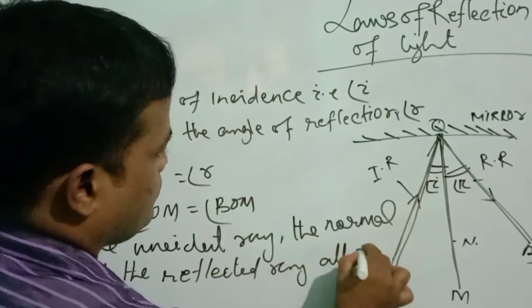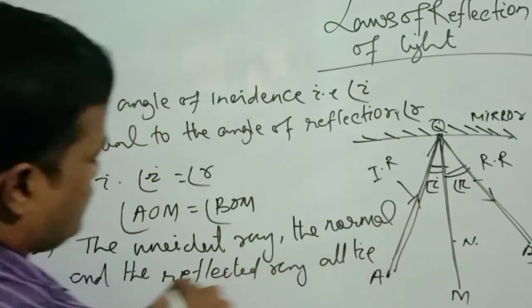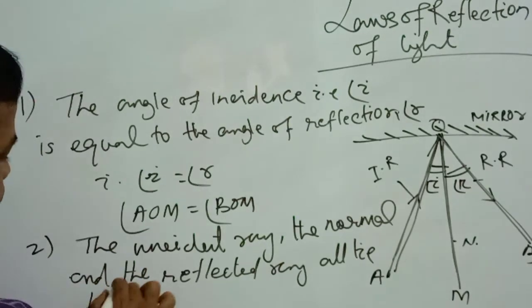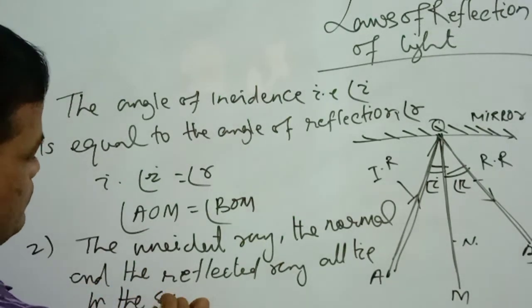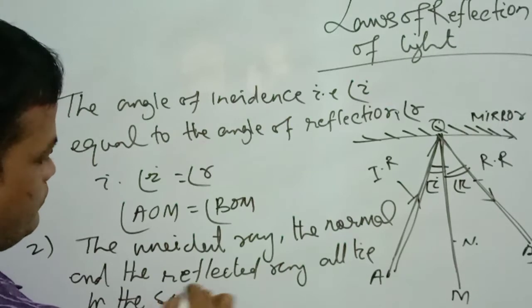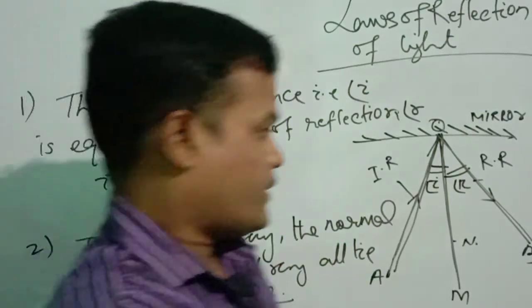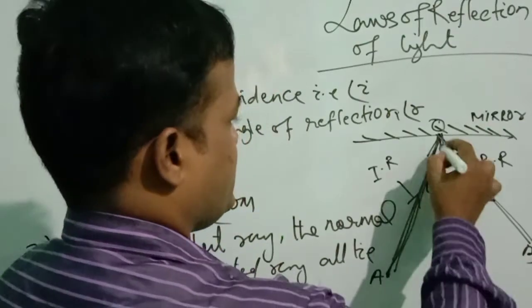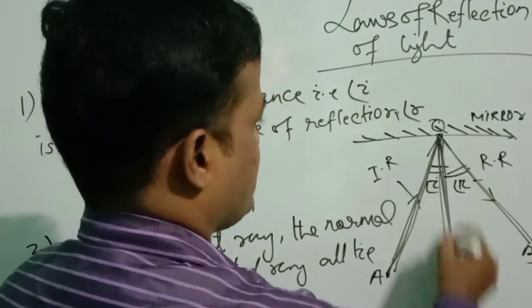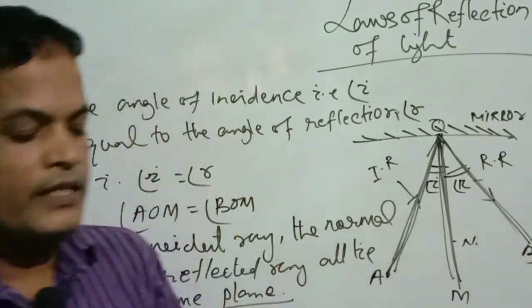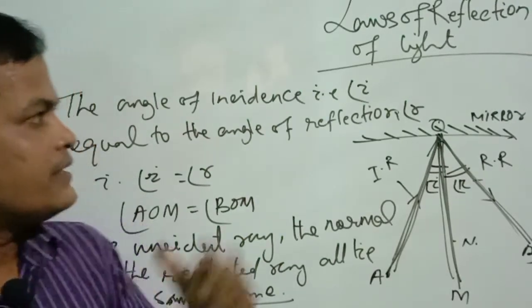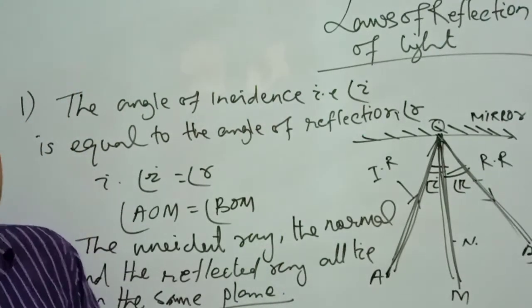The incident ray, the normal and the reflected ray all lie in the same plane. This is the second law. Okay, this is called the reflection of light.